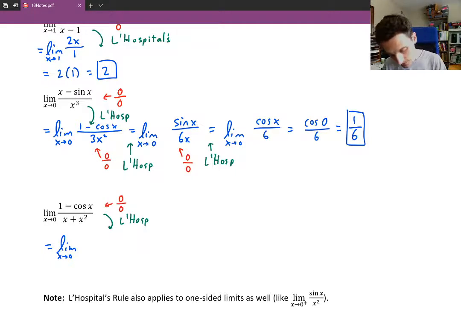So the derivative of 1 minus cosine x, oh, actually we did that before, that's sine x. Derivative of the bottom is 1 plus 2x.